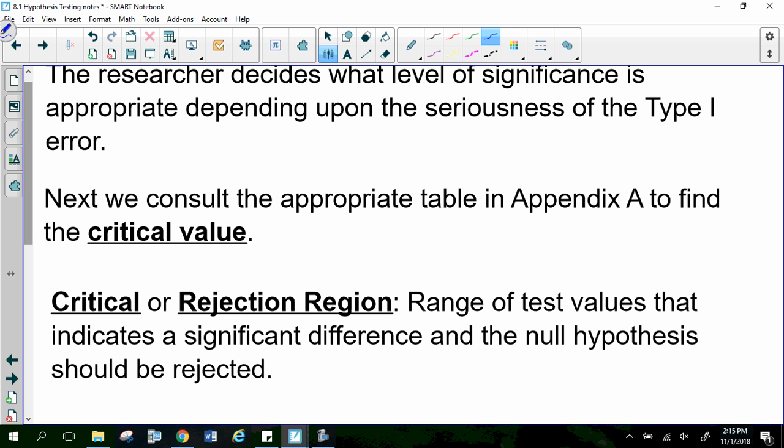The researcher decides what level of significance is appropriate depending upon the seriousness of the type 1 error. I just said that. Then we consult the appropriate table to find the critical value. So how bad is it if I make a type 1 error?